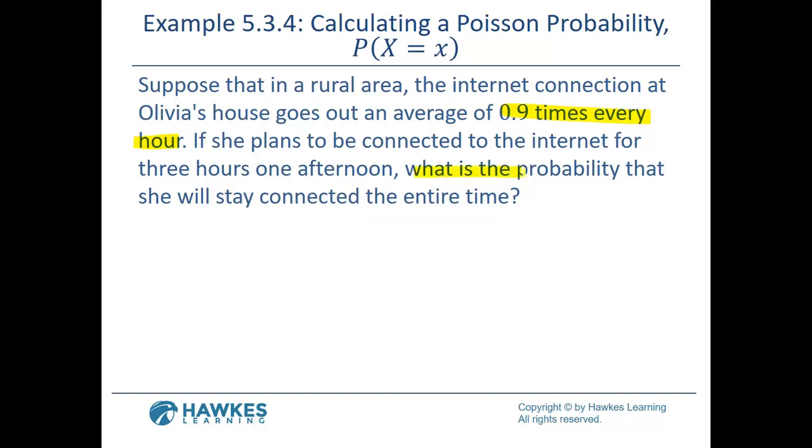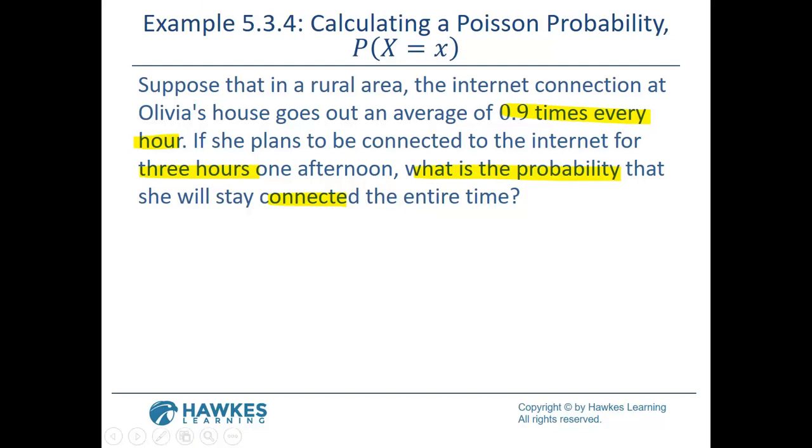So what is the probability that she's connected for 3 hours in one afternoon? Remember, it's 0.9 times every hour.